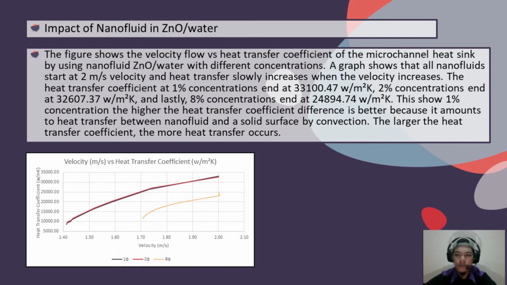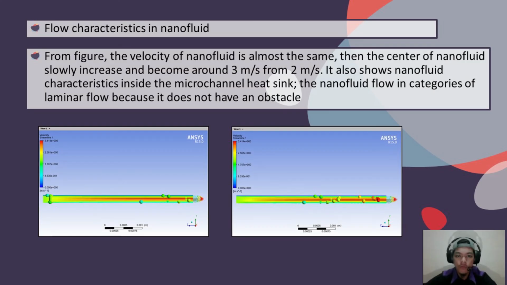The difference is because of the amount of heat transfer between nanofluid and solid surface by convection. The larger the heat transfer coefficient, the more heat transfer occurs. Next, we go to flow characteristic in nanofluid.